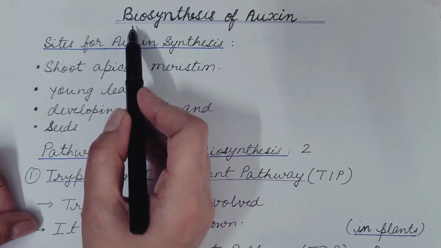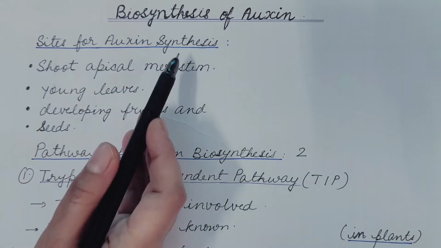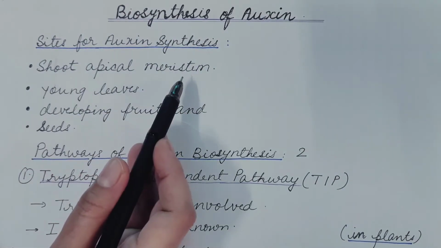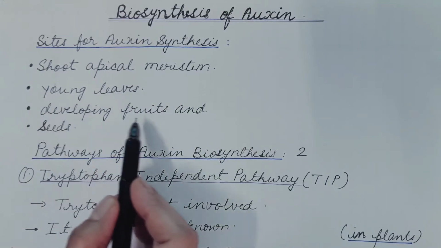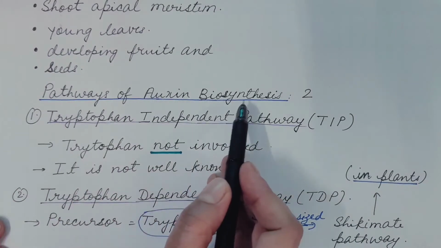Now let us discuss biosynthesis of auxin. Sites for auxin synthesis are the shoot apical meristem, young leaves, developing fruits and seeds. Now the pathways of auxin biosynthesis.